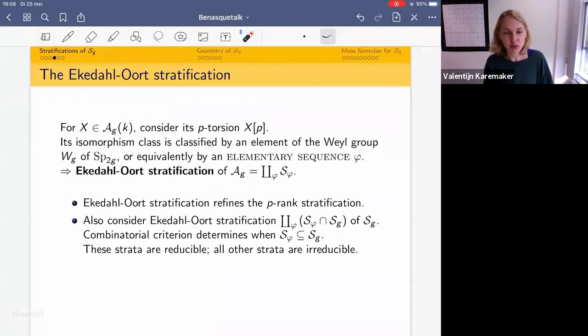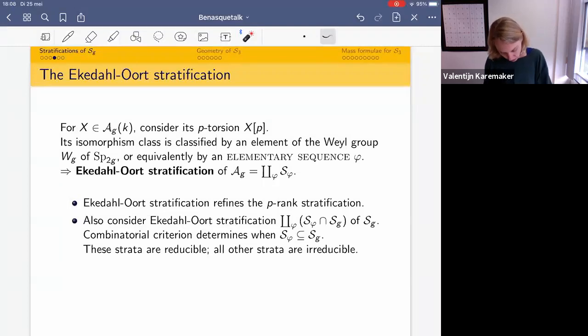So let me say a few things about this. It follows from the definition, first of all, that the Ekedahl-Oort stratification refines the p-rank stratification that I gave you before. But in general, it's still open which Newton strata intersect with which Ekedahl-Oort strata and how.